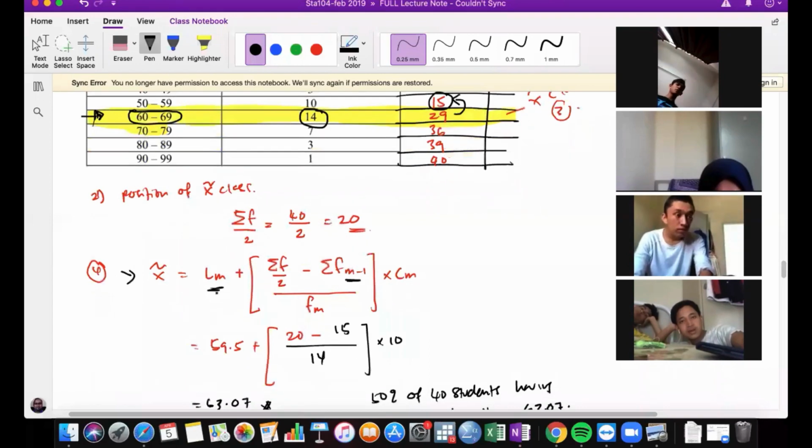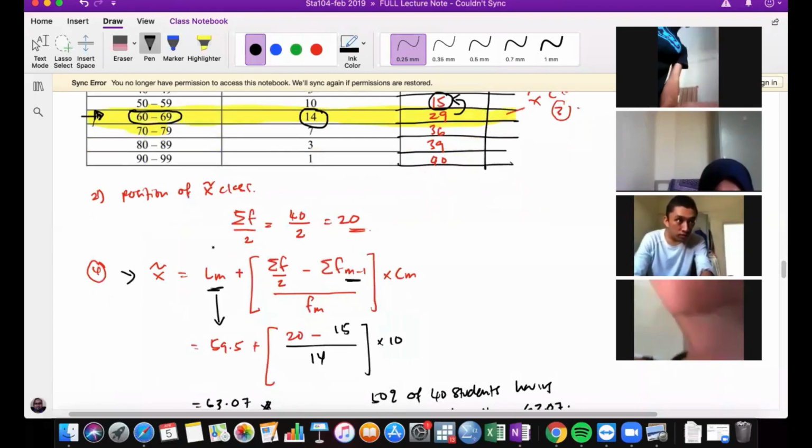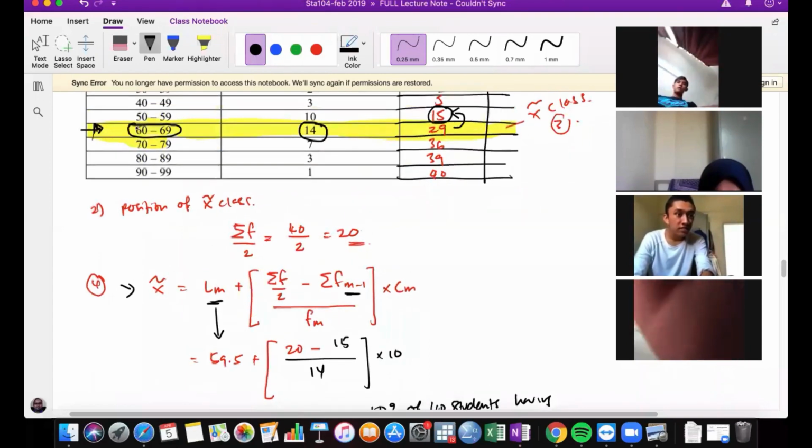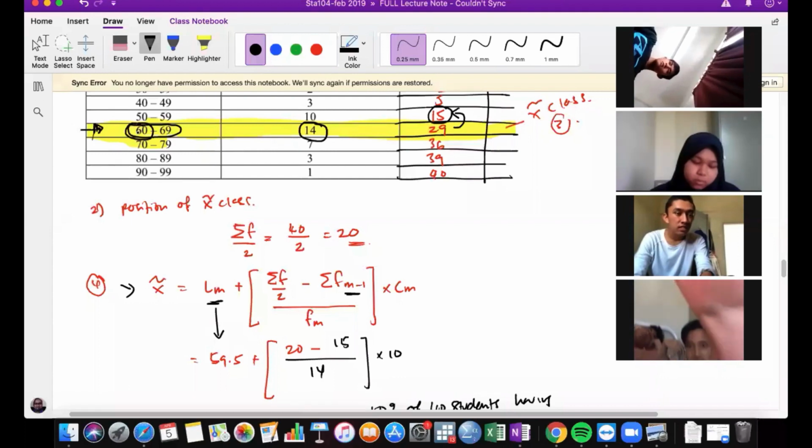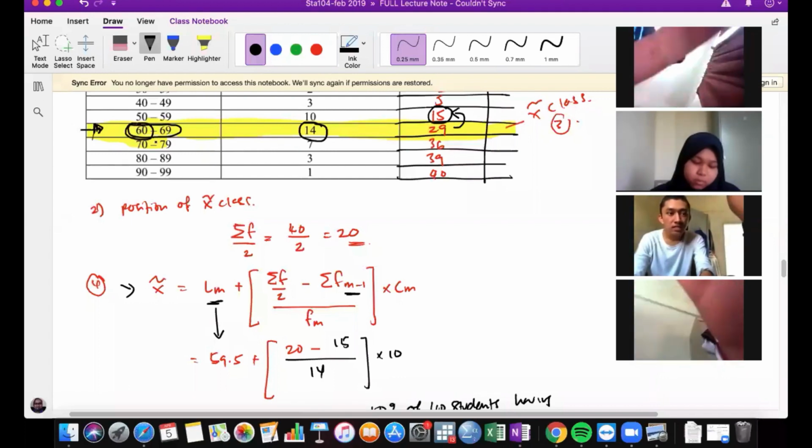The lower value here is not a class boundary, this is a class limit. You need to find a class boundary: 60 plus 59 divided by 2.